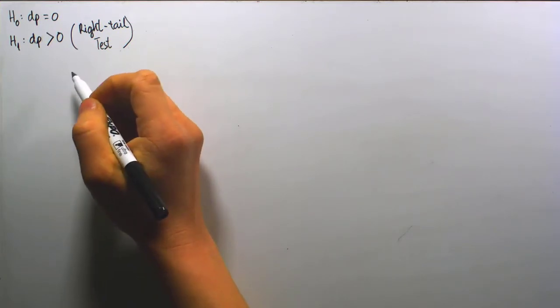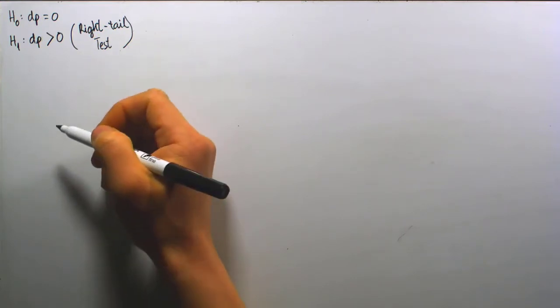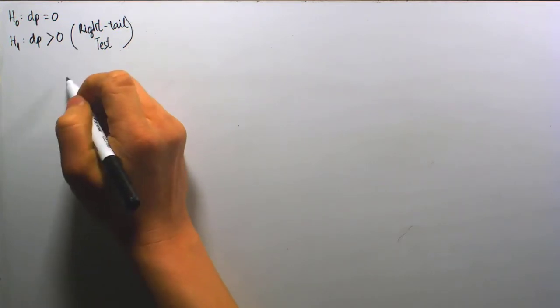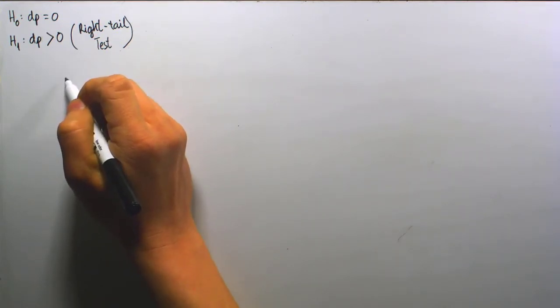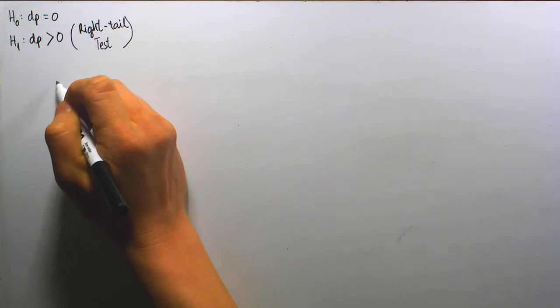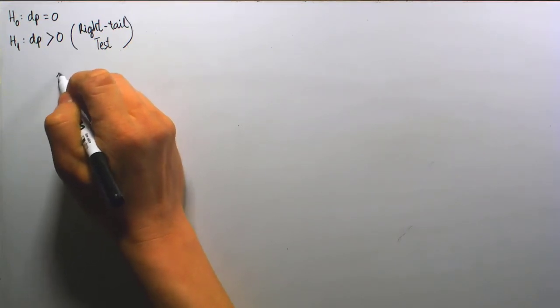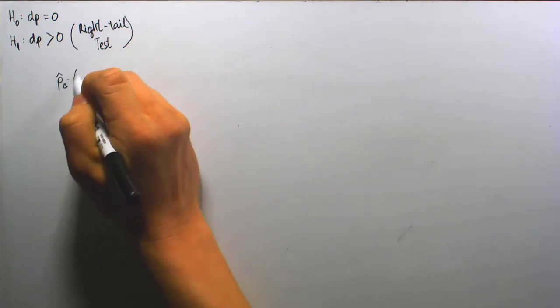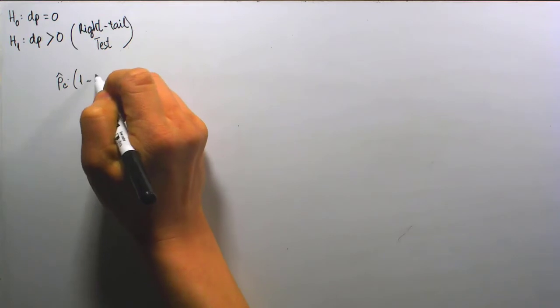There will be a lot of new values that I'm bringing in, and eventually I will give explanations for all of these values. But first, we're going to look at a formula that calculates as follows. We're going to need a p hat c value multiplied with 1 minus p hat c.